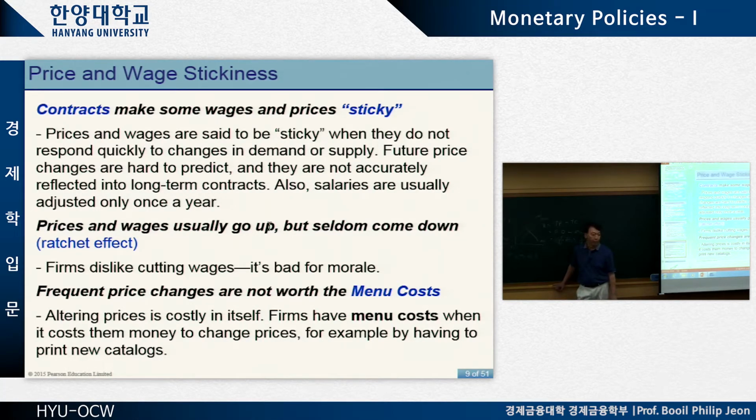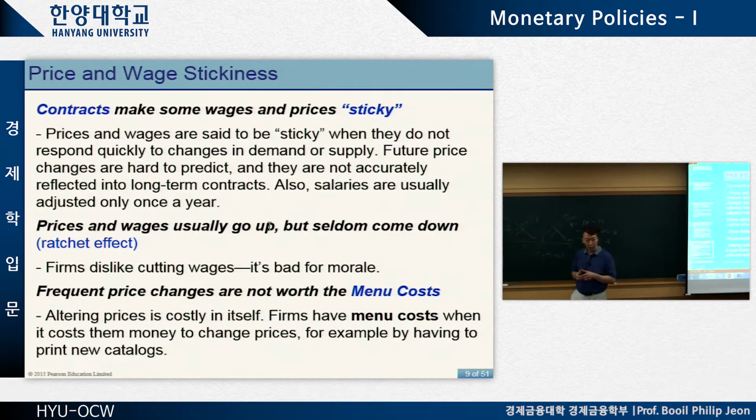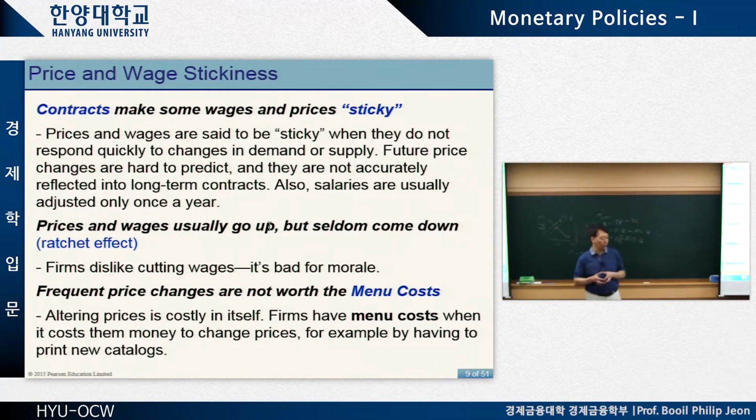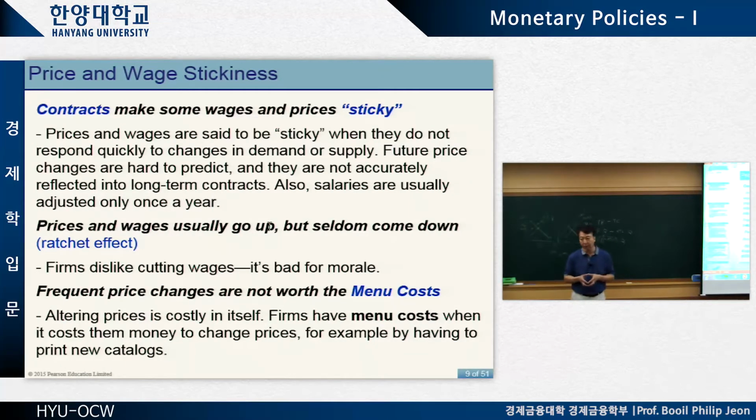Once a year you have your performance evaluation, and you may negotiate with your employer and agree to your salary for the next year. So you don't really see your wages coming down every time the economy slows down. It's called the ratchet effect.